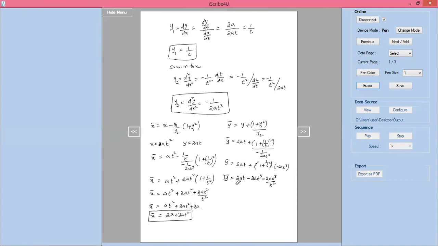Now y bar equals 2at minus, we'll simplify this, 2a minus 2at cube. Here minus 2at cube divided by t square is minus 2at. Now I'll write y bar equals minus 2at cube. This is the value of y bar.